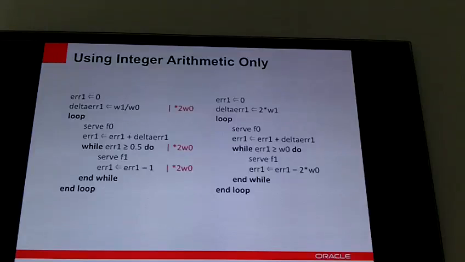That's 2 times the weight of flow 0. It's the comparison in the inner loop, and the decrement of the error. And now we are left with the code on the right side, which only uses integer additions and subtractions. The multiplication 2 times the weight, of course, is just a shift. There's no multiplication needed there.